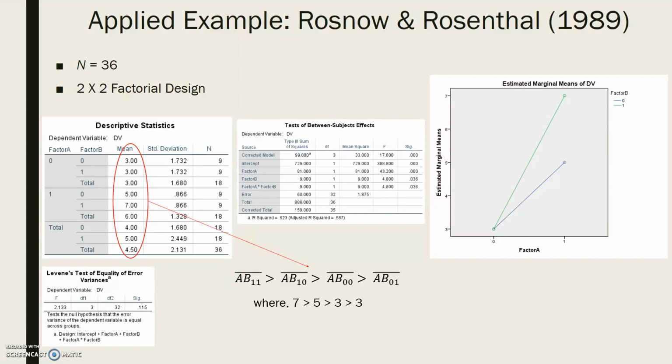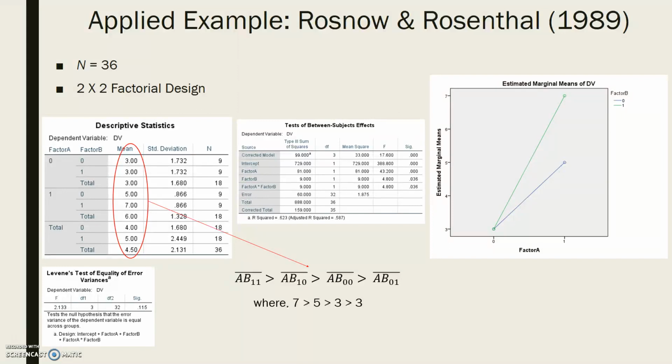Obviously it's telling us one story: for each of the levels of factor B, the means for the first level of factor A are about the same, and we're seeing kind of a main effect, with larger differences on the second level of factor A compared to the first level.